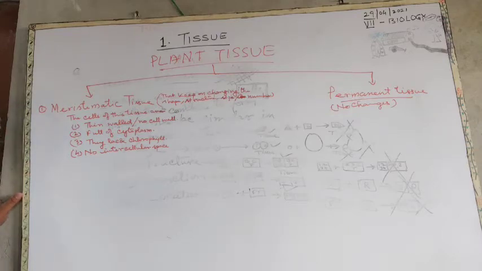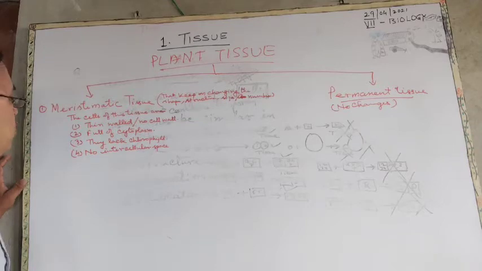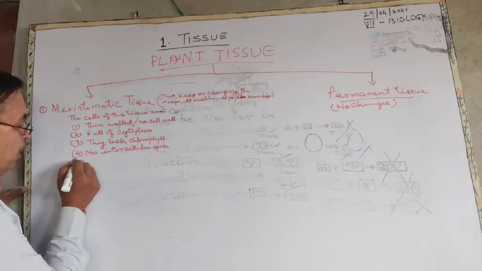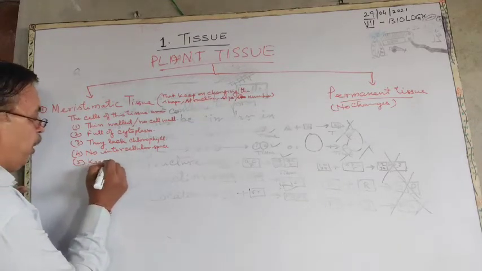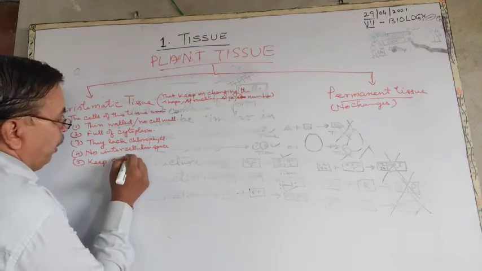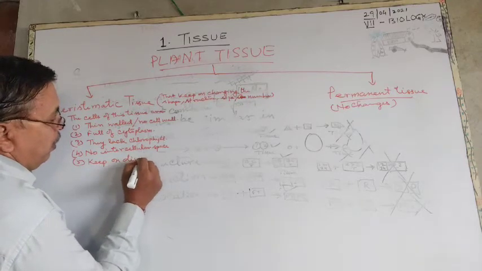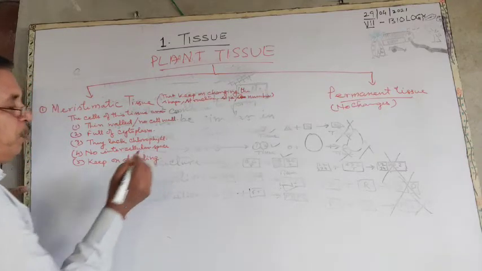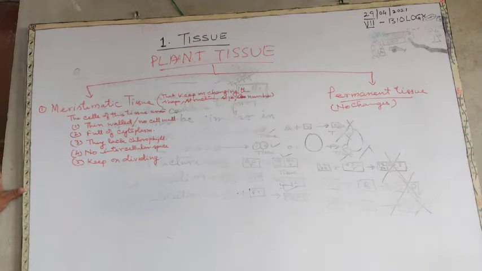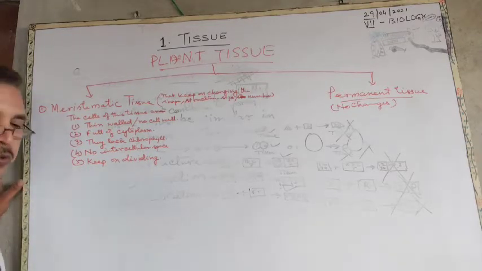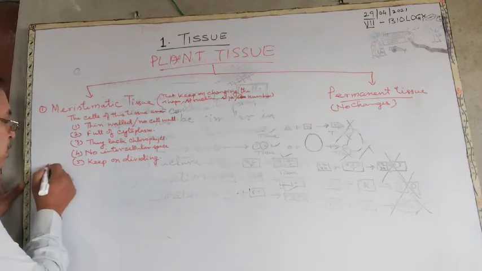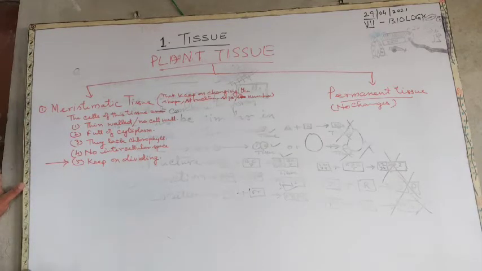So these are some features of the cells of the meristematic tissues, and the very important one, they keep on dividing. The cells of a meristematic tissue keep on dividing. This is a very important aspect, and once they divide, they multiply the number.